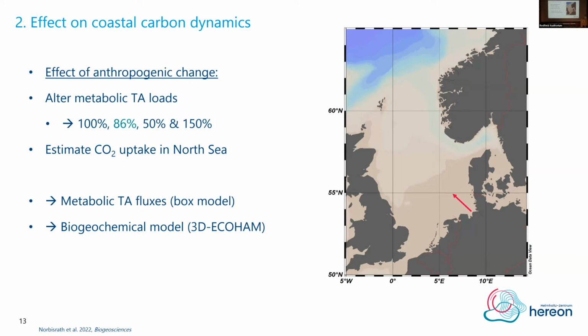Therefore, we used the normal 100% reference run of all alkalinity generated and transported down the river. And we reduced it by the 14% of the metabolically generated amount, to 86%. We also decreased the alkalinity load down to 50%, but also increased it up to 150%, to compare what changes if we would have a higher alkalinity production in the upper estuary.